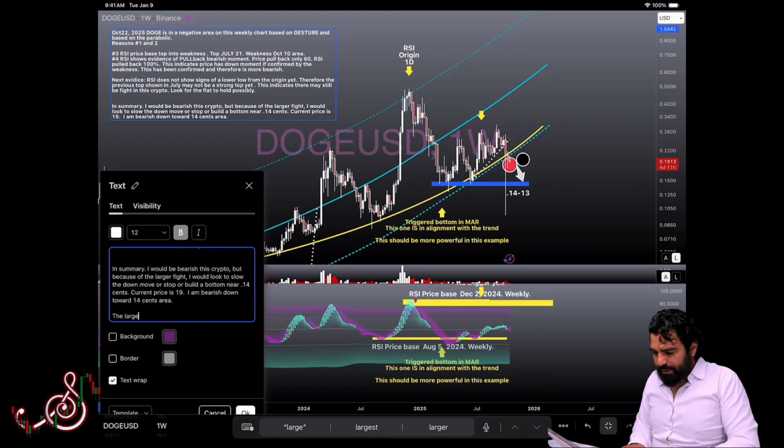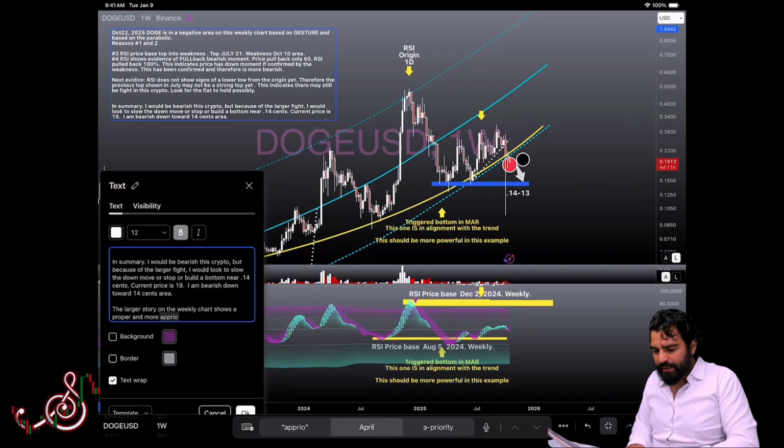The larger story on the weekly chart shows a proper and more appropriate bottom in March of 2025.